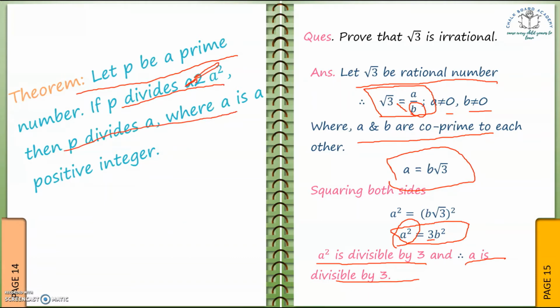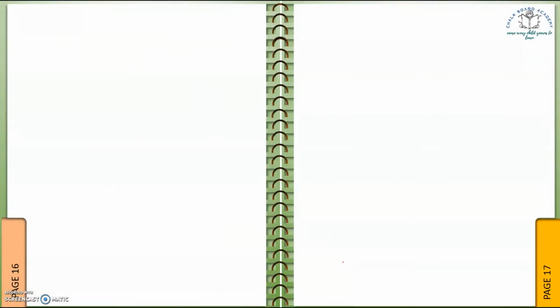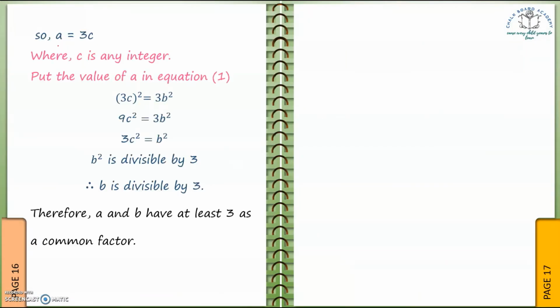So now we can say that a is actually a multiple of 3 and some other number. Let's say c. So we can write a is equal to 3c. Wherever we had a in the equation, we will put the value 3c. Now we have 3c whole square is equal to 3b square. So we got 9c square is equal to 3b square.